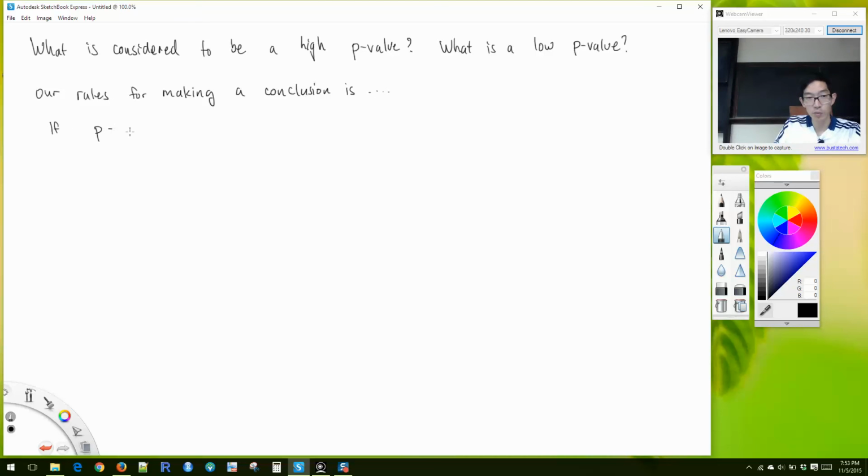If the p-value is big, do not reject the null hypothesis.